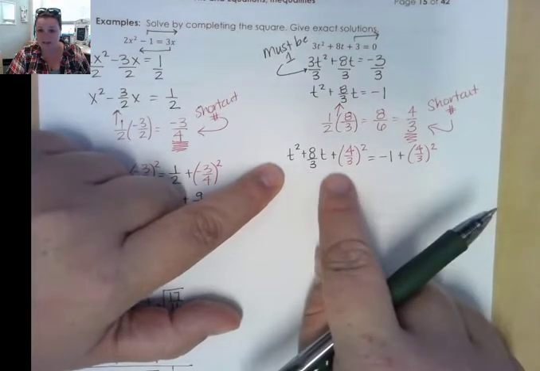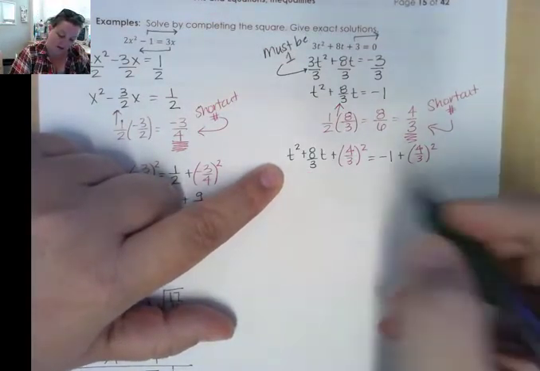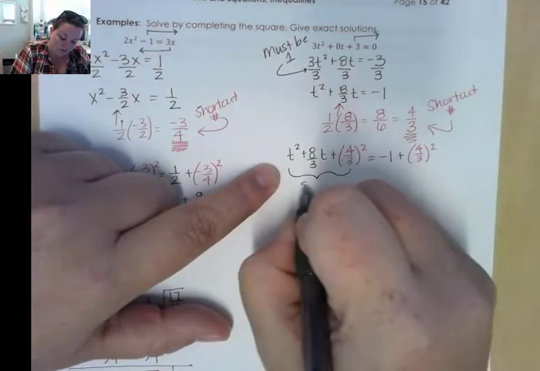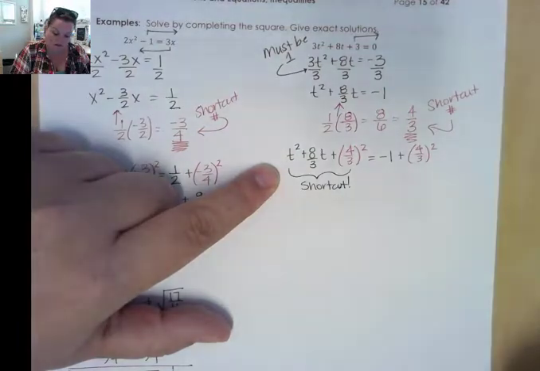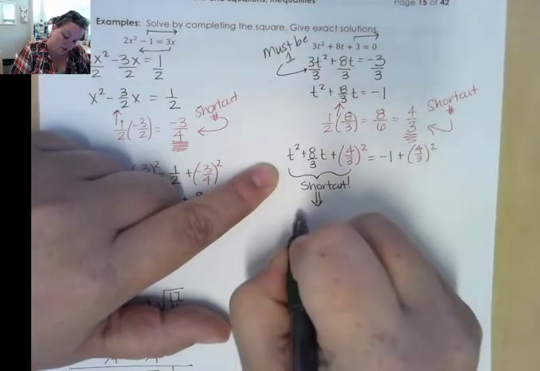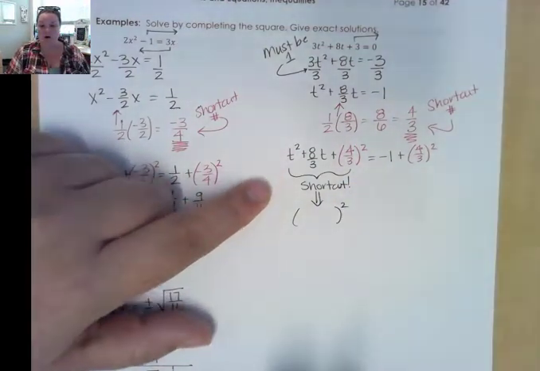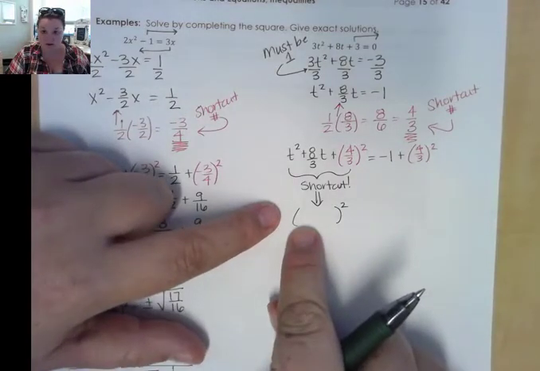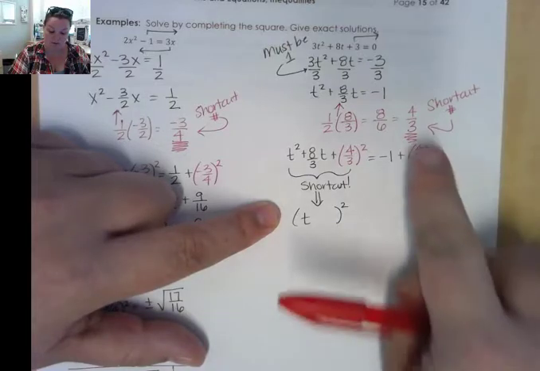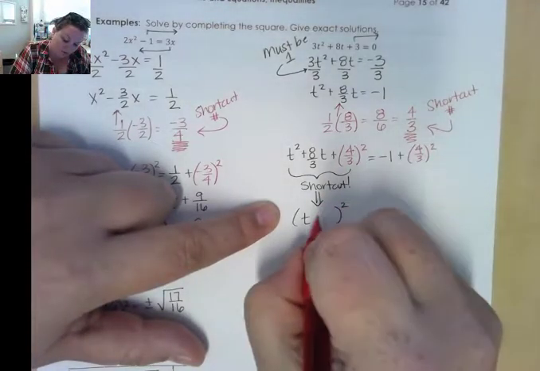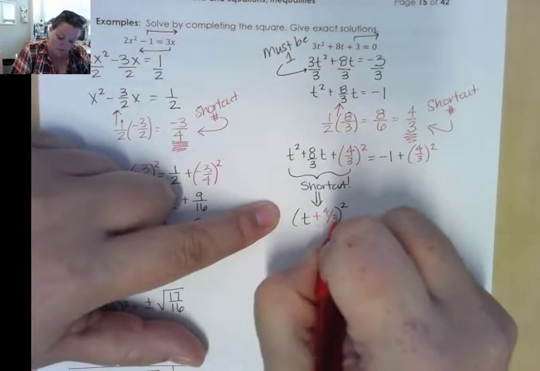Instead of multiplying it out and figuring out some product with fractions, we're going to go ahead and just use the shortcut for this side. Okay. And the shortcut says that this whole mess should factor into a perfect squared quantity that involves my variable, which in this case is a t, and my shortcut number, which is a positive 4/3, so plus 4/3.